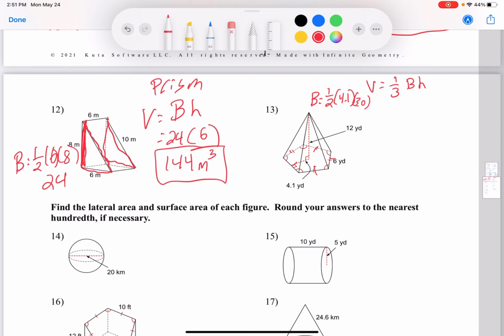So you get 61.5. So we're going to go 1/3 of 61.5 times the height, which is 12. So 61.5 times 12 times 1/3, I got 246 yards cubed.